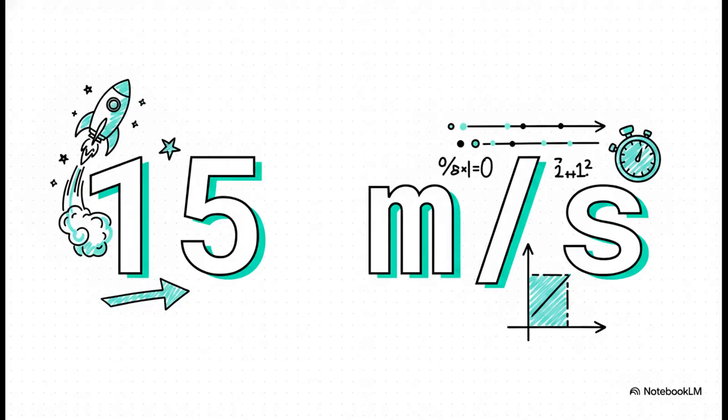And the result is 15 meters per second. By simply taking that acceleration of 3 and multiplying it by the 5 seconds, we get our final velocity. Punchline: this beautifully demonstrates how kinematic equations can perfectly predict real-world motion using nothing but distance, rate, and time. It's like a giant puzzle coming together.